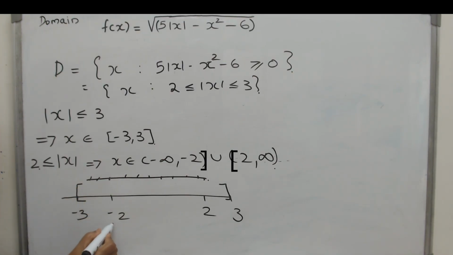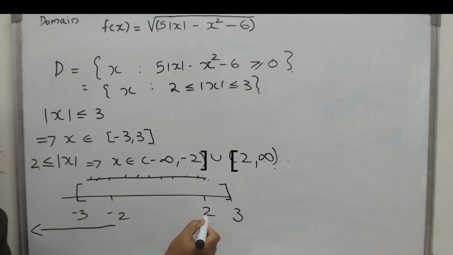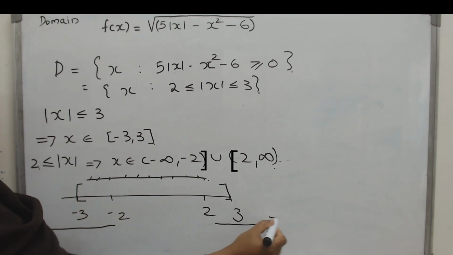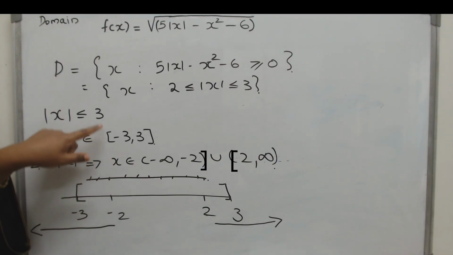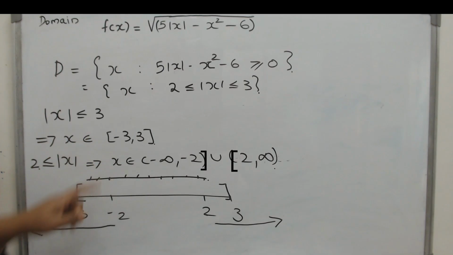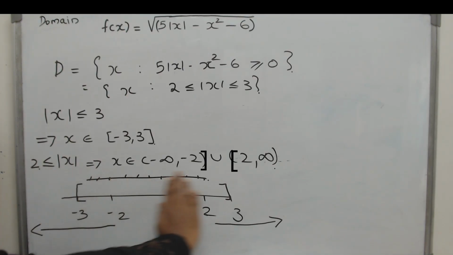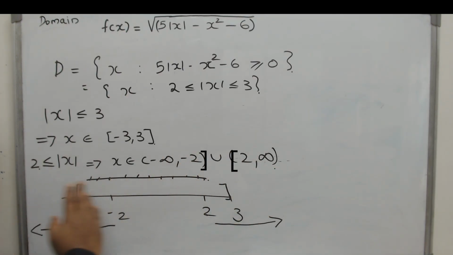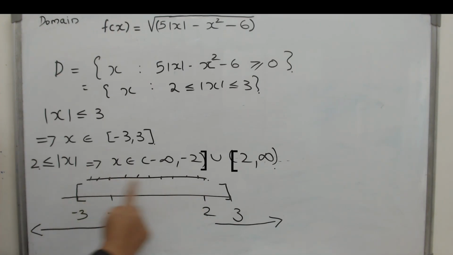It should lie from minus 2 to minus infinity and 2 to infinity. If we were looking for the union of both of these conditions, what will we take? We will have to take the whole of the number line, because we have got everything covered from minus 2 onwards to minus infinity, 2 onwards to infinity, and the place in the middle also.